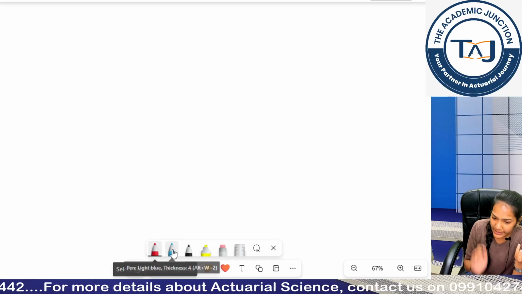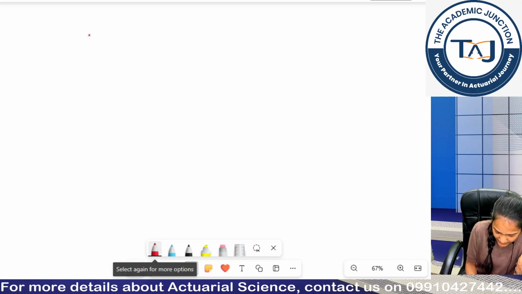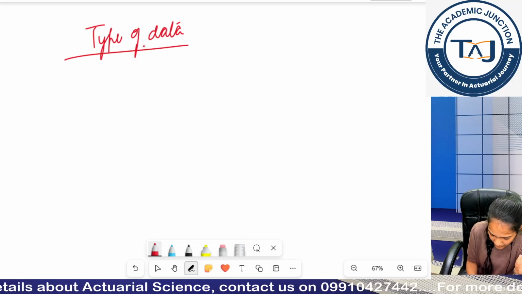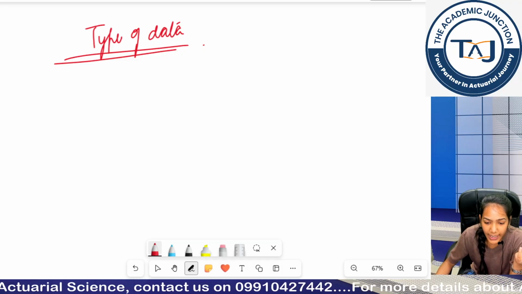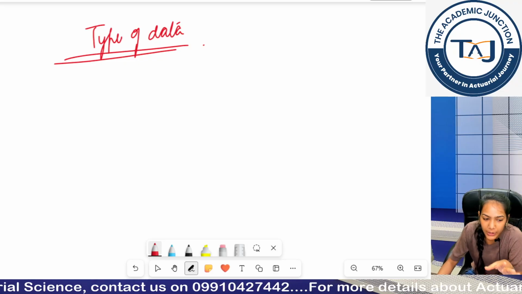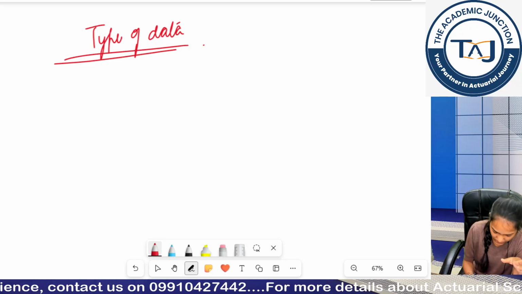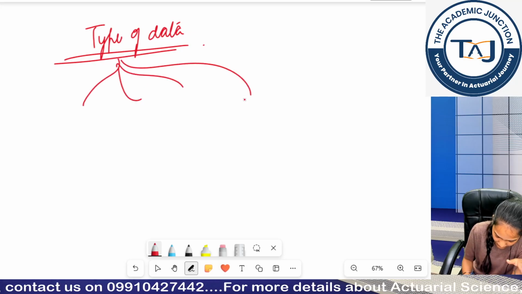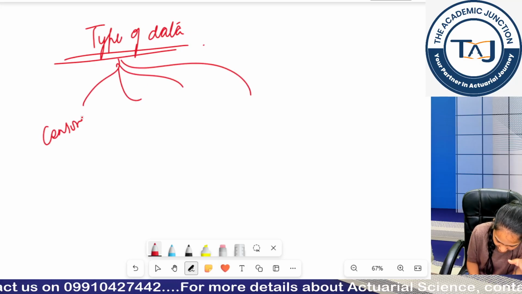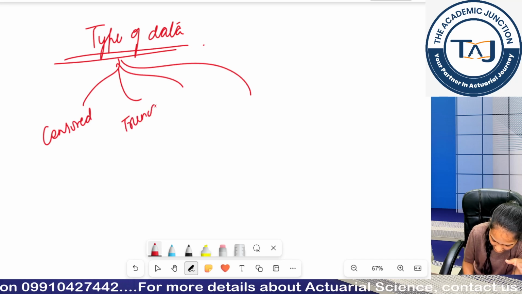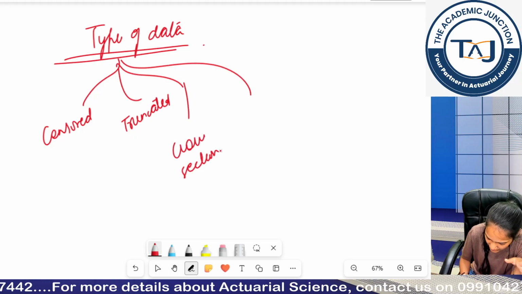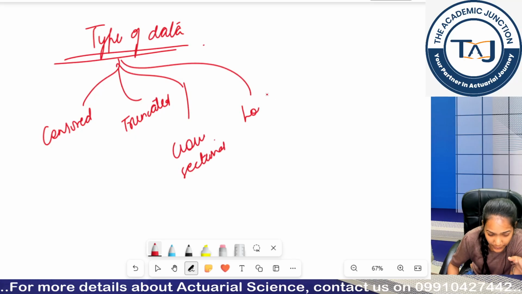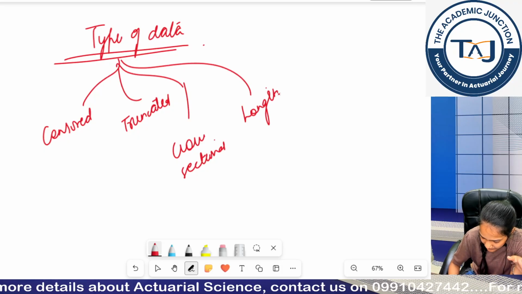Now there are some independent topics. For example, firstly we have types of data. If I come to my types of data, I can have fully known data, I can have censored data, I can have truncated data, I can have cross-sectional data, and I can have longitudinal data.